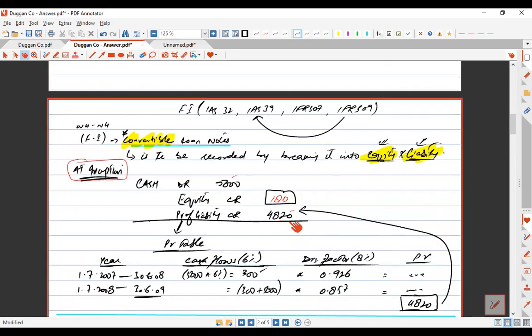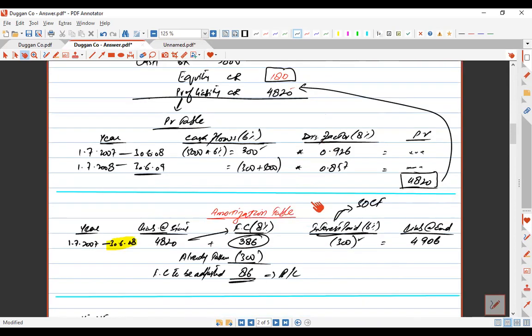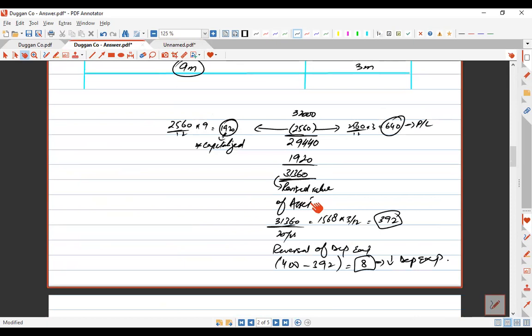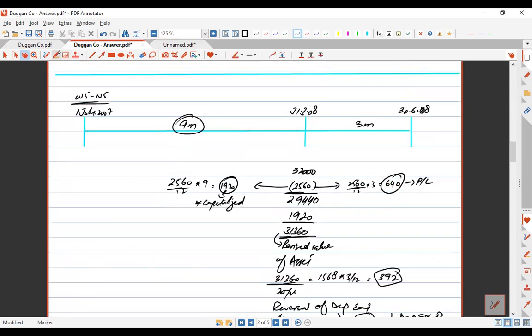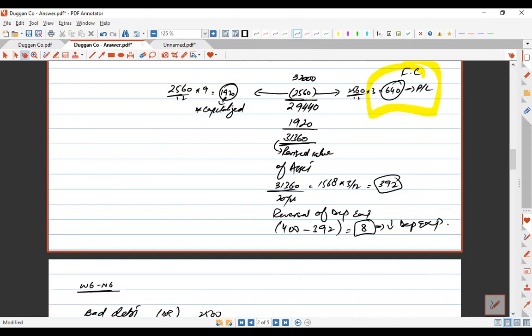In the next working, finance cost is adjusted separately. And in working 5, you can see 3 months borrowing cost, the 3 months interest expense should be taken to operating expenses. No, sorry. It's finance cost. Finance cost is directly charged to P&L. This 640 is actually the finance cost, but here we have a reversal.